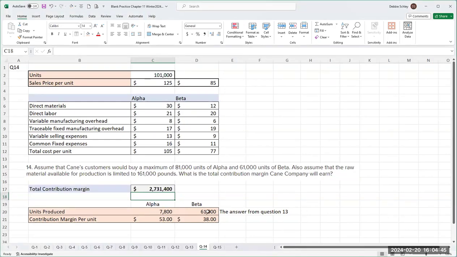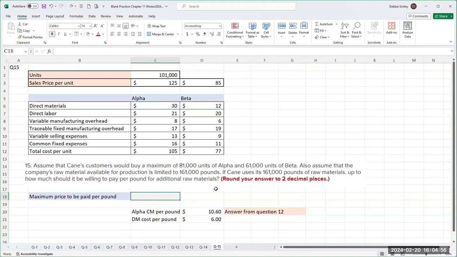We made all the units necessary that the customers wanted for beta, but we didn't finish making the alphas that the customers wanted. So all this question wants to know is if we were going to go out and buy more raw materials at a higher price, what is the maximum amount we should be willing to pay per pound?